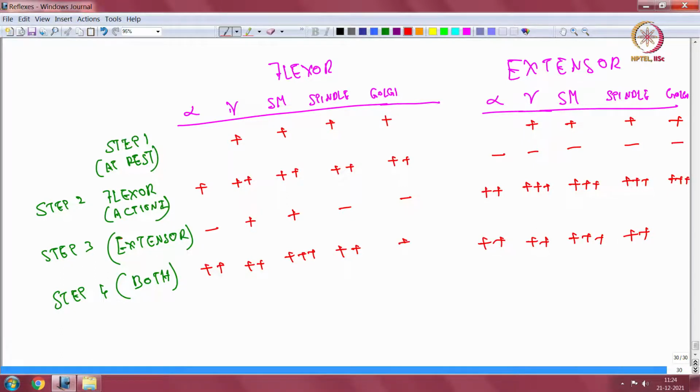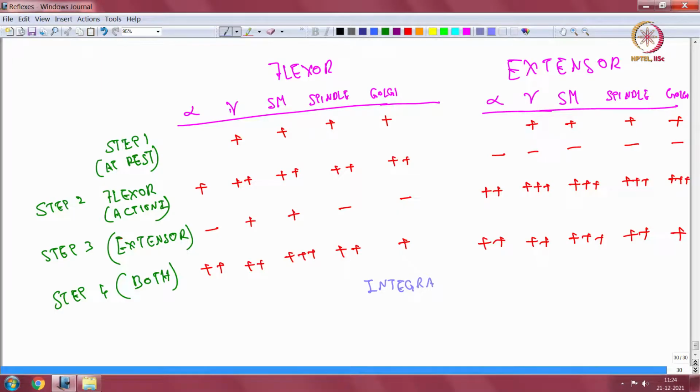Of course, there is increased Golgi tendon organ, Golgi to a lesser extent because you are maintaining a particular position. So, stretch as such would not happen. You can put in code to this whole thing and try to model this for people who are interested in doing it. Very interesting exercise it would be.